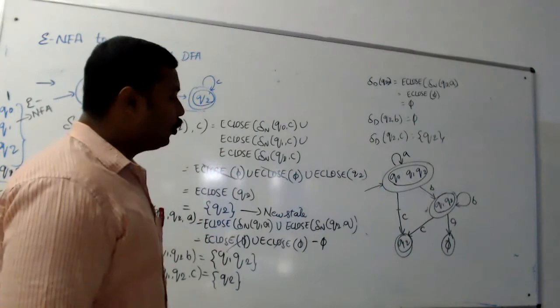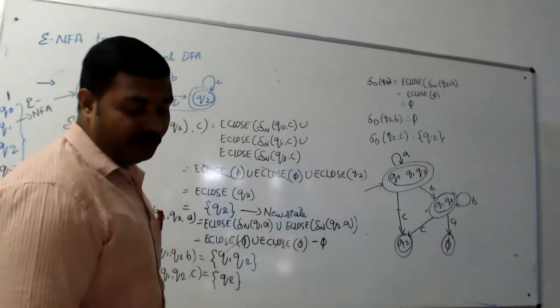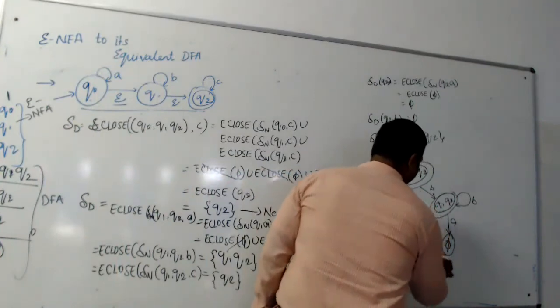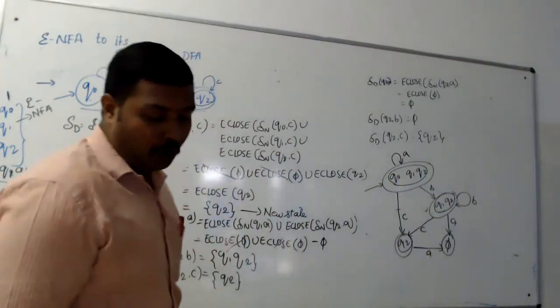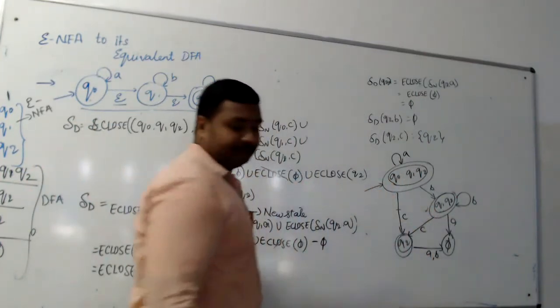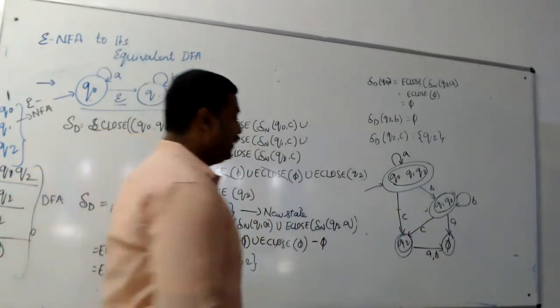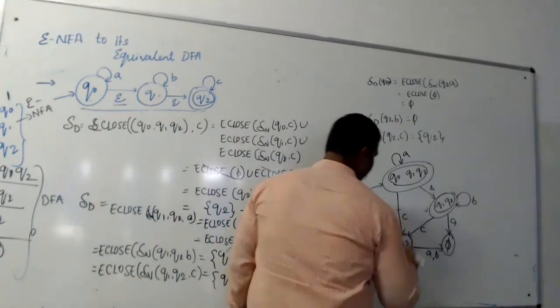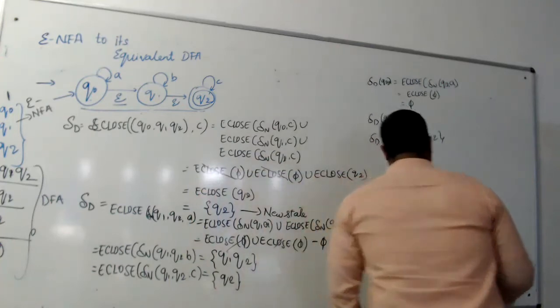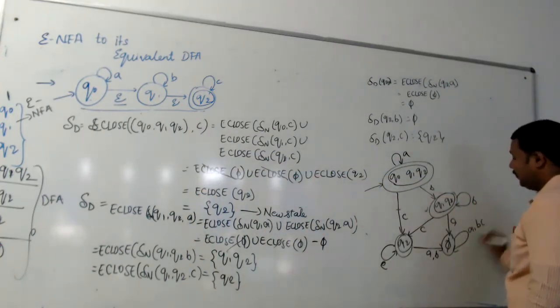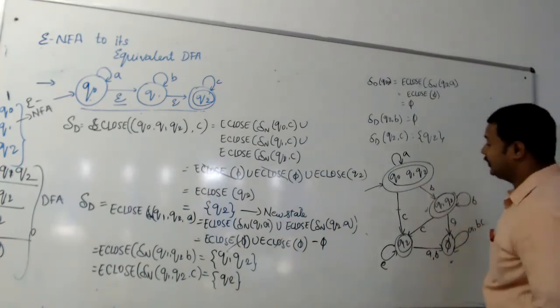Next, Q2 on A, you have phi. Q2 on B, again phi. Q2 on C, Q2 itself. Phi on A, B, C is phi itself, it's a dead state. So all these states are in here.